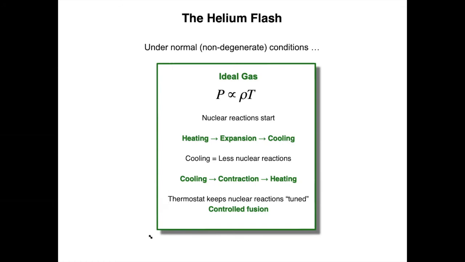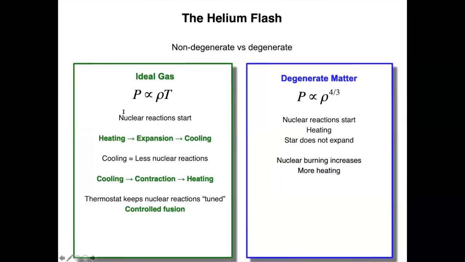If, on the other hand, fusion happens in the degenerate gas, it changes altogether. As the nuclear reactions increase the temperature, the heating has no bearing on the pressure because the pressure depends only on the density. The temperature increases, which increases the rate of nuclear burning, and in turn increases the temperature even further.